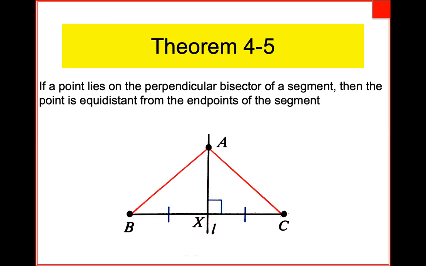It says, if a point lies on a perpendicular bisector of a segment, then that point is equidistant to the two endpoints. It just means it's the same distance away. In other words, if you were to connect the dots there from A to B and A to C, you'd have made, right, two triangles where the hypotenuses are equal. That's actually what you're going to use this particular theorem for.